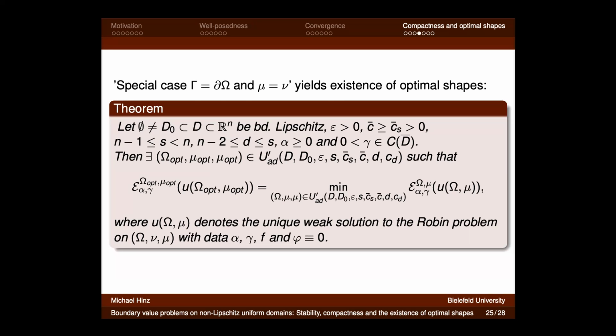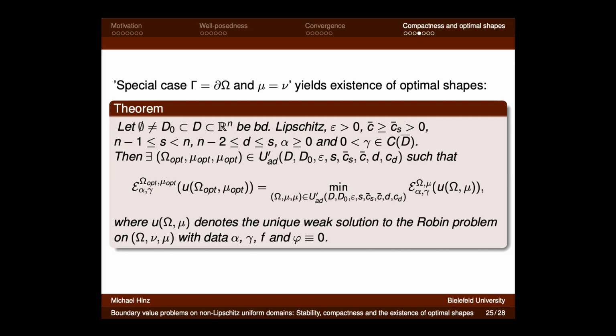So we can find an optimal domain with these measures. Now mu is the same as mu. And if we apply the energy form here to the unique weak solution on this optimal domain, then this energy is exactly the minimum over all the possible energies of the solutions on members of that class. So this is existence of optimal shape in that sense.